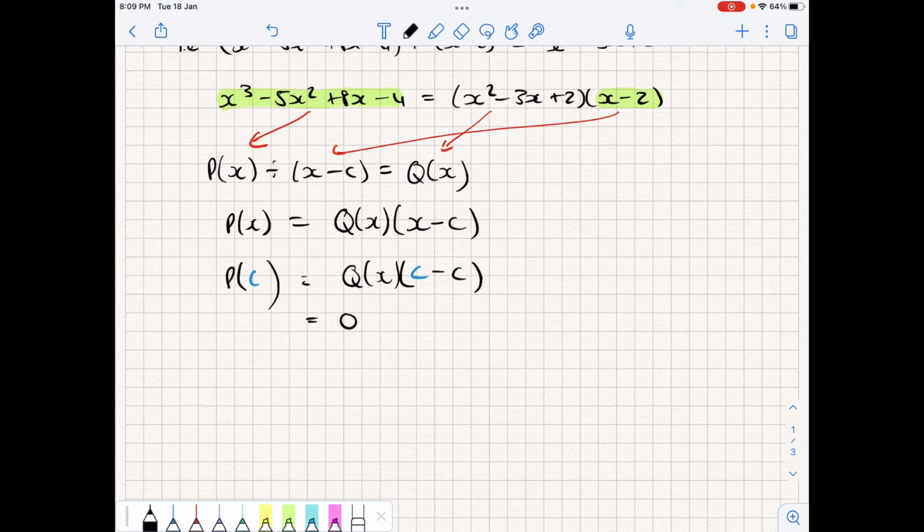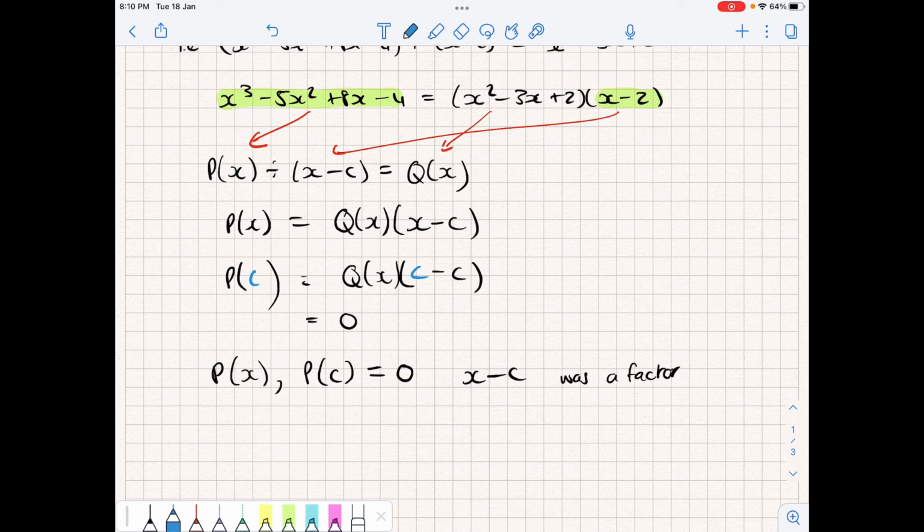More specifically, we can say if we have some polynomial p of x, and we substitute in c into this polynomial, c could be any number, and it gives us 0, then x minus c is a factor. And that's one of the most important things that we can use when we're trying to solve these larger equations.